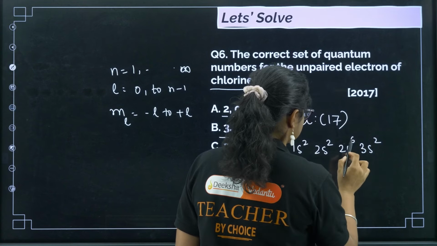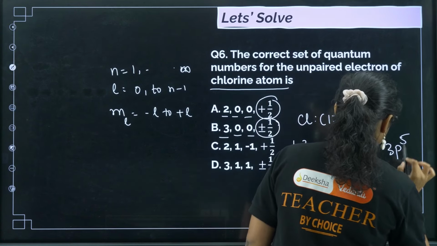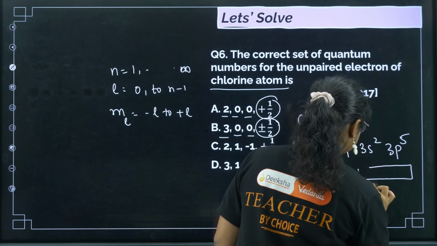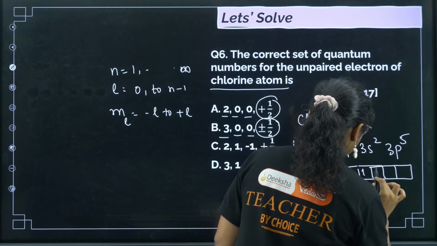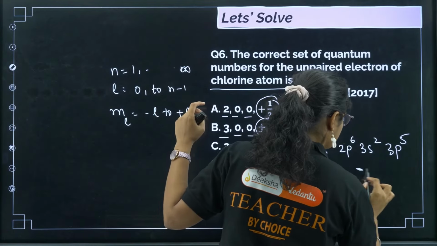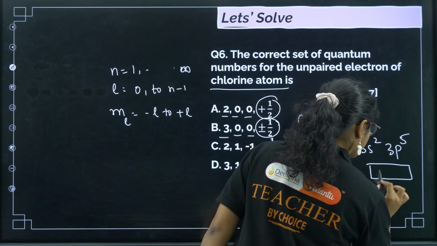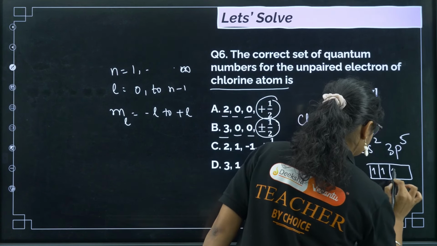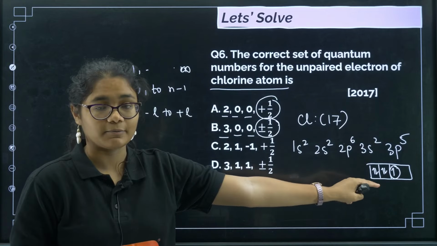So how much have we done? 6, 7, 8, 9, 10, 11, 12 and 3p5. So if I draw 3p, it has 3 orbitals, not 5. So 3p5 if I draw here, 1, 2, 3, 4 and 5 electrons.